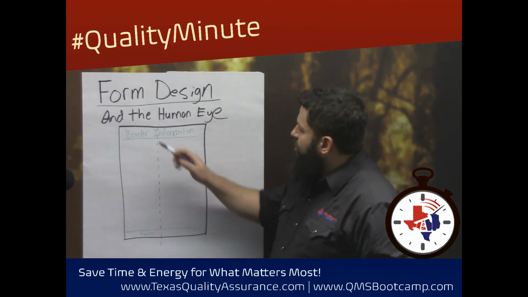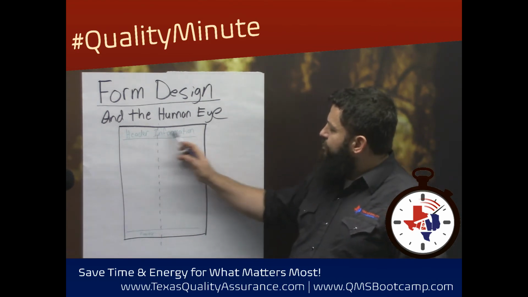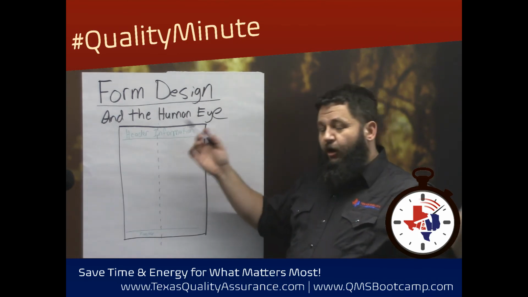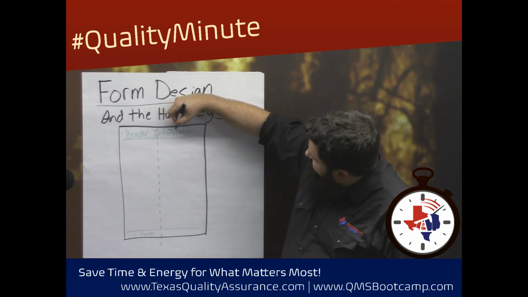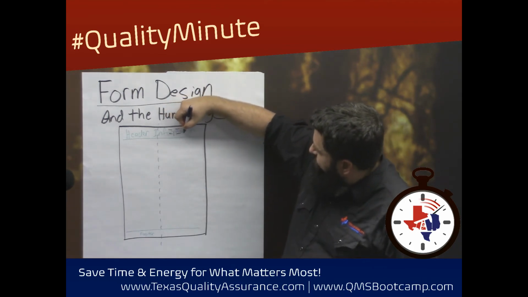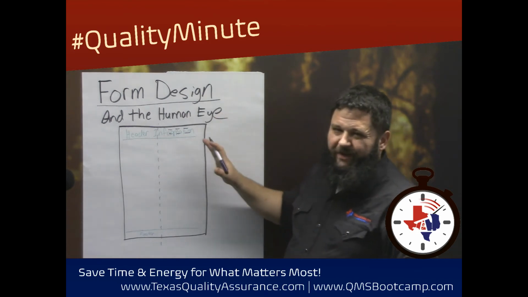And then we never actually look at the top of the form to begin with. Have you noticed that the header of most documents is nothing but a logo and maybe you've got the fields here for the approval date and the version number. No one ever looks at it. It's important to have, but no one ever looks at it.